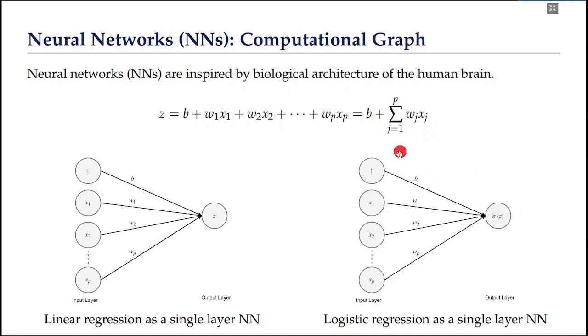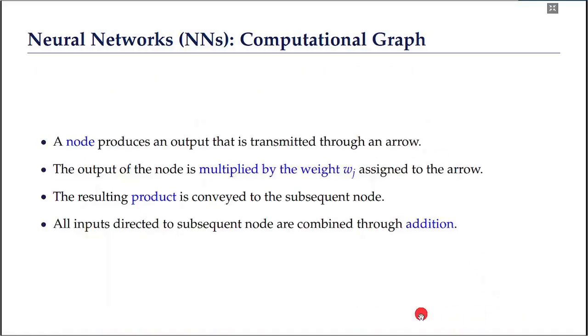So z is replaced by this linear combination. A node just produces a certain output, the output is multiplied by the corresponding weights, and the resulting product is conveyed to the subsequent node, and all the inputs directed to a certain subsequent node are combined through addition.